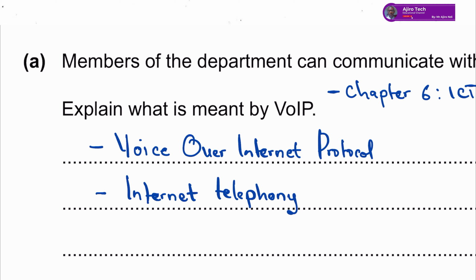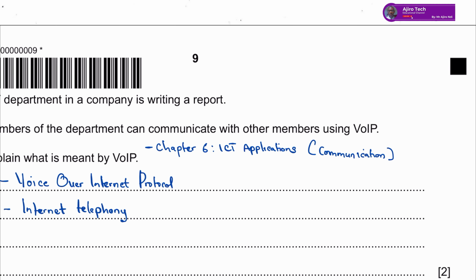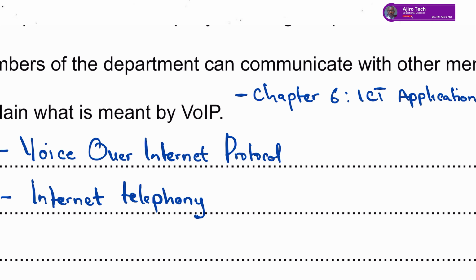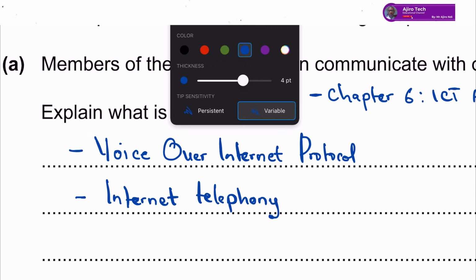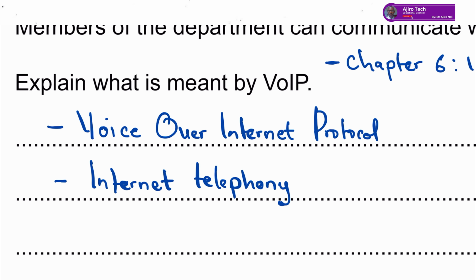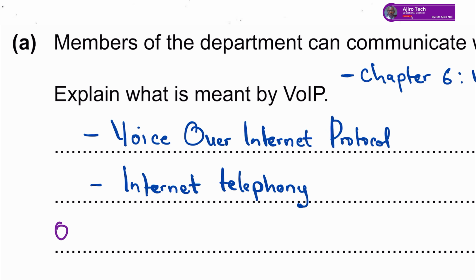It's a method where you talk to people using the internet. You're having a communication with people via the internet. For how many marks is this? This is 2 marks. So I'll probably just add this for others.